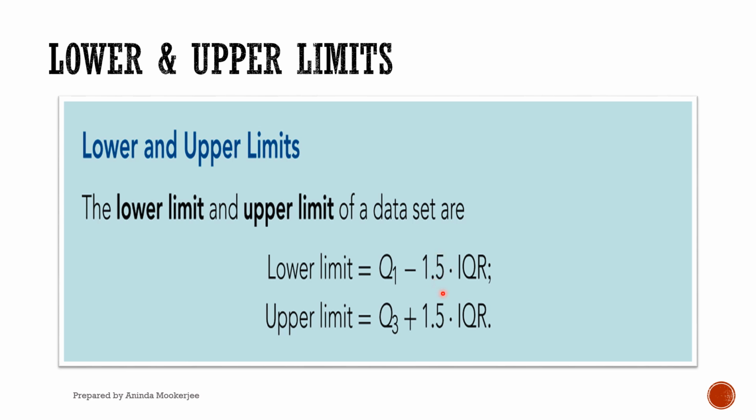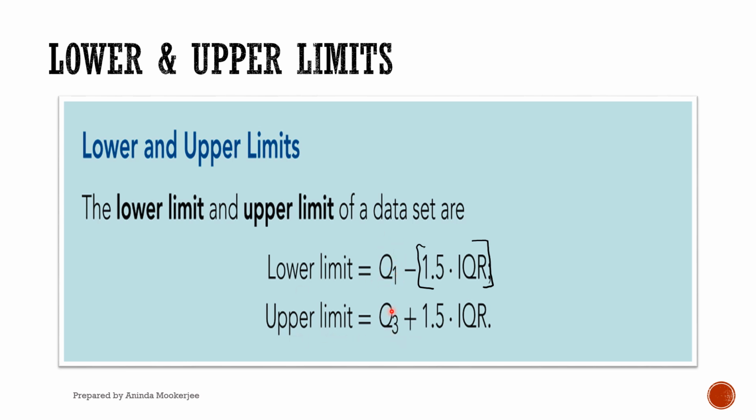So 1.5 multiplied by the interquartile range IQR value that we calculated before. I'm going to surround this with brackets just to indicate that the multiplication has to be completed before we subtract the result from quartile 1. So as you can tell, the lower limit is going to be a value to the left of quartile 1. It had better be less than quartile 1.